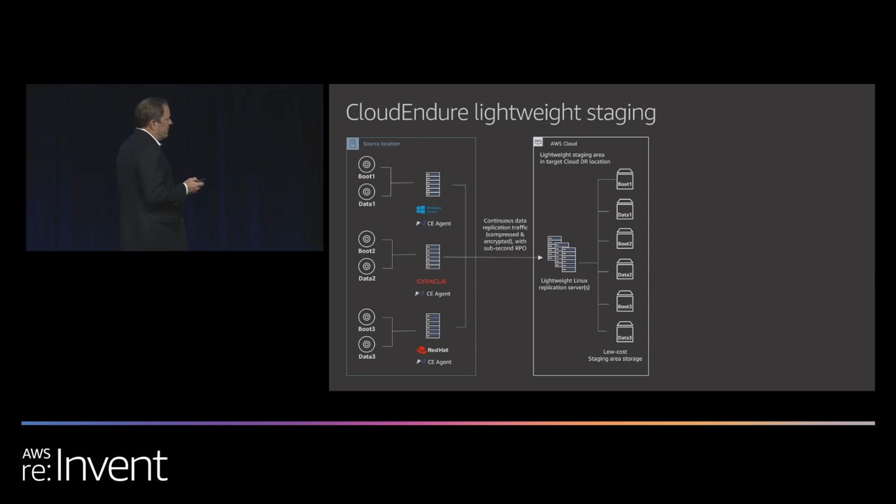With Cloud Indoor, you can deploy an agent on your primary application servers. That agent provides block-level replication to AWS, and that block-level replication can support both the applications themselves and all the associated configuration data and files associated with the state of that application.